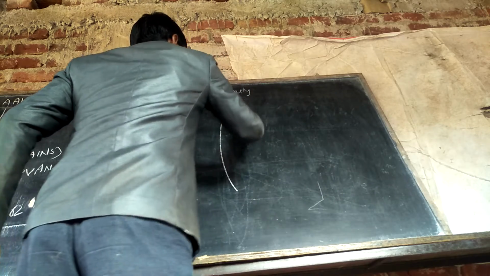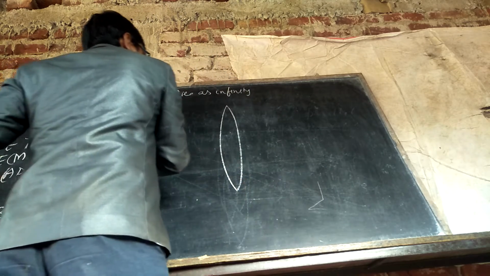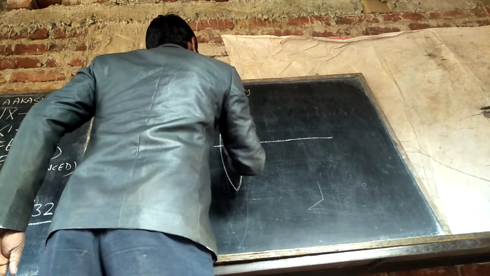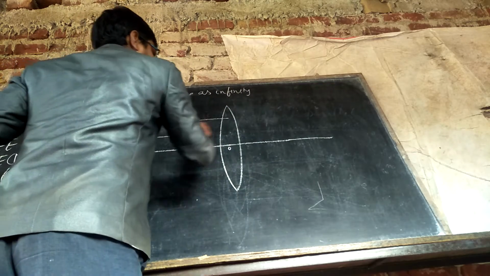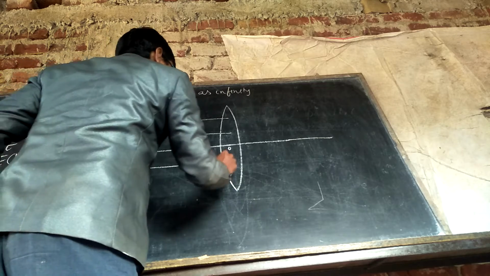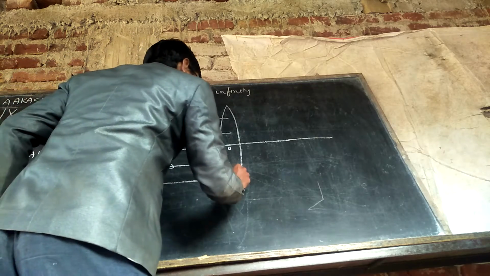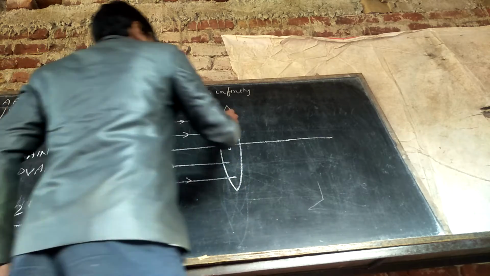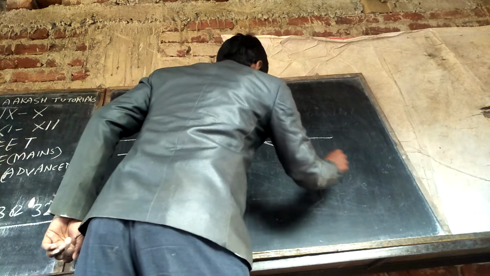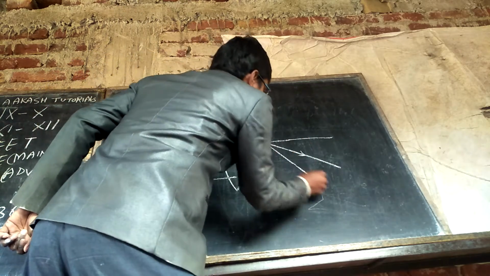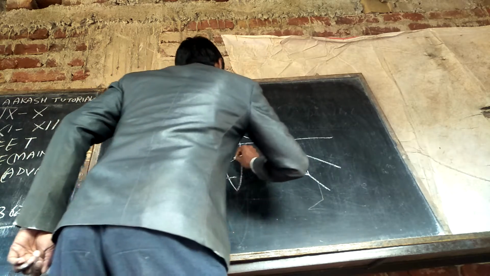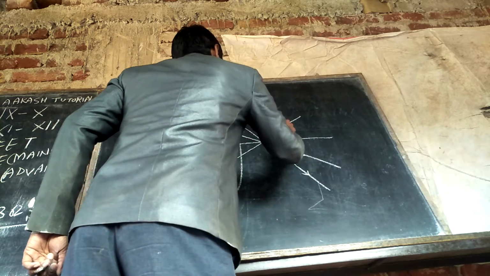In case of an object at infinity, all the rays of light will be parallel to the principal axis. And as we have studied from the ray paths, when a ray of light is parallel to the principal axis, it will pass through F2 after refraction.